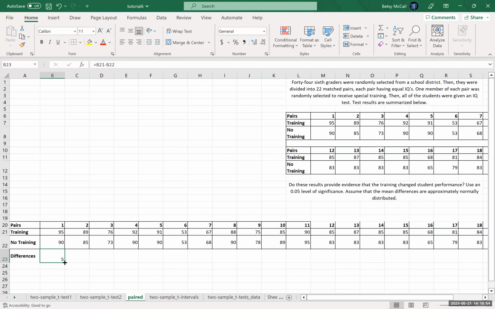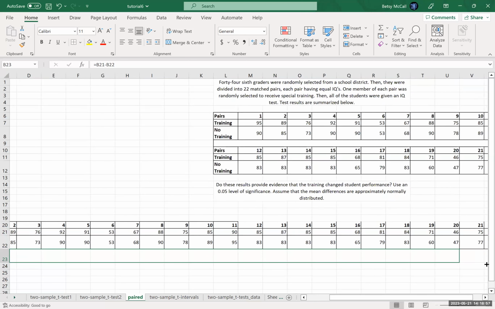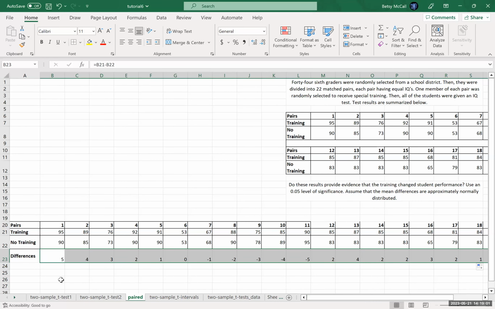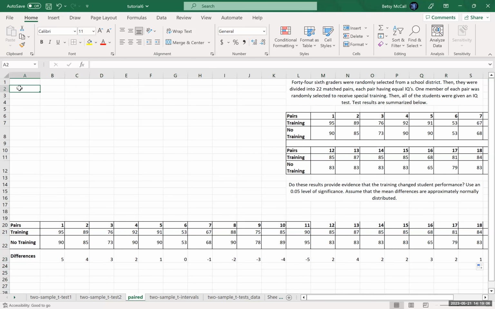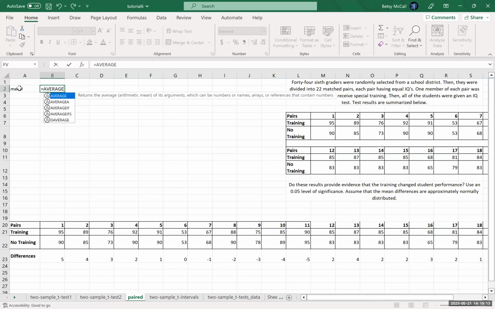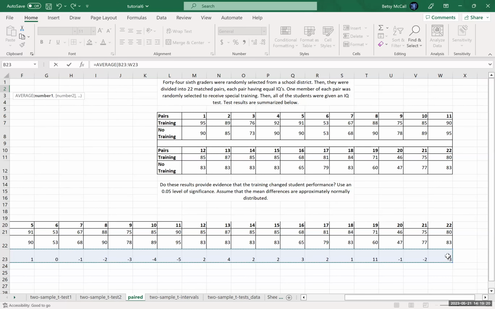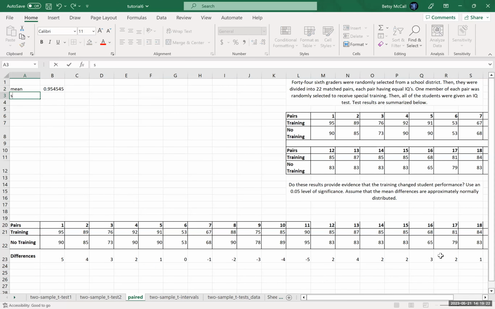Then we're going to copy that formula all down the table. Then we would calculate the mean, which is the average of the differences, and then the standard deviation of the differences.